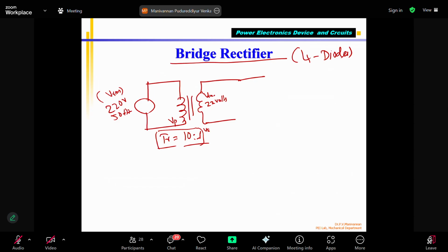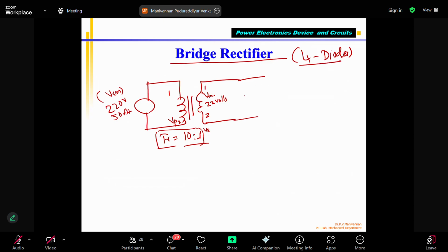That is one drawback, but it is needed. But what if I don't have a center tap transformer? I have a regular standard transformer which has a primary coil with 2 terminals and a secondary coil with 2 terminals, 1 and 2 primary, 1 and 2 secondary. Still, I want full wave rectified output. So then I will go to the bridge rectifier, which uses 4 diodes.